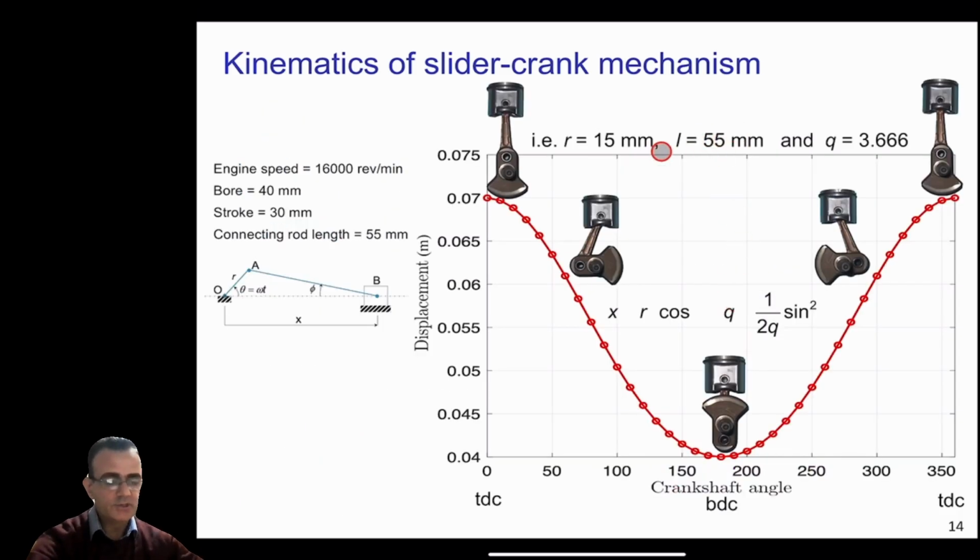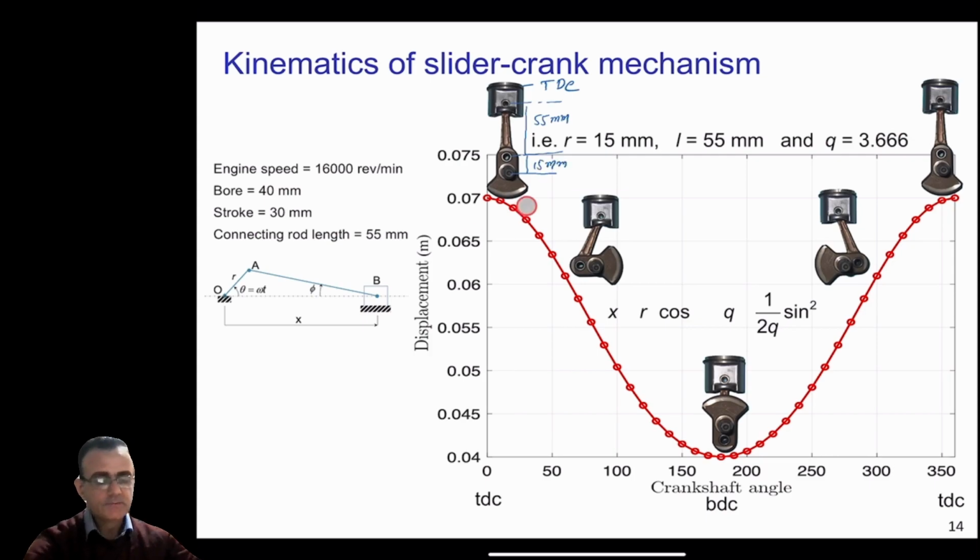So if you consider the first plot here, this is the displacement. As you can see here, when the piston is on the top dead center, we know that the total length from here to here is 55 millimeter, and from here to here it is 15 millimeter.